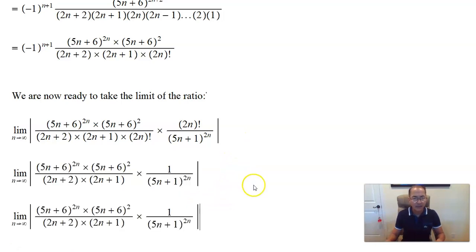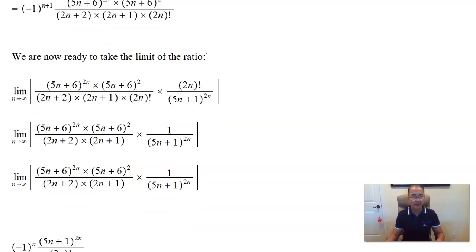What we're going to do next is we're going to put the apples together with the apples and the oranges together with the oranges. What do I mean by that? Well, there's 5n plus 6 to the 2n here, 5n plus 1 to the 2n there.